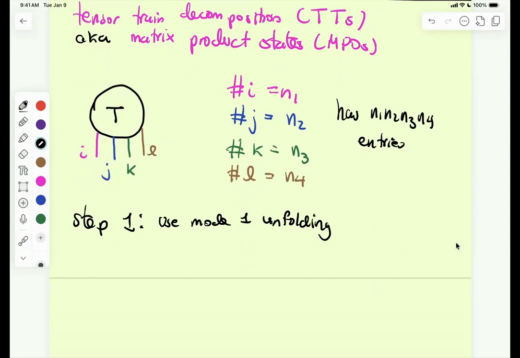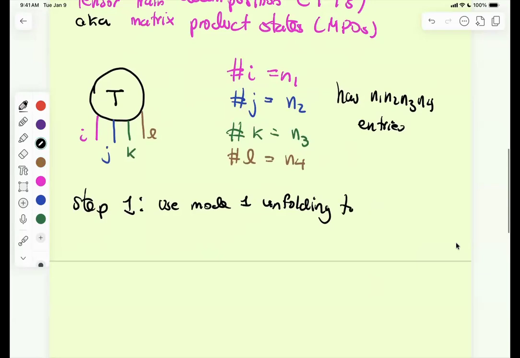If it's along the first mode, then you keep I, the first index, and you think of this as a matrix. Since I'm going to think about it as a matrix, I'll call it A, to compare it to the singular value decomposition.